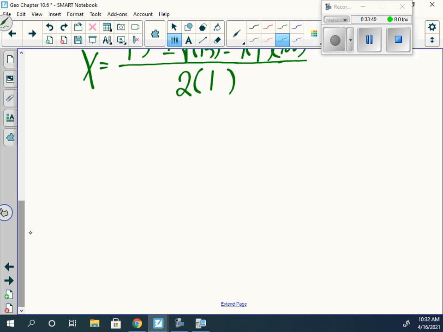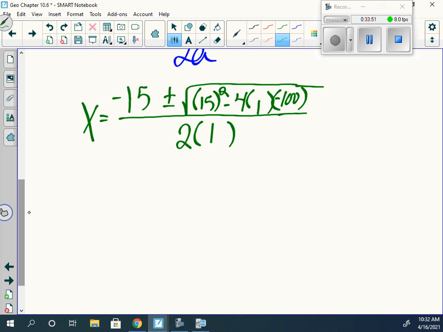Now at this point here, we're just going to start calculating things. So the first thing we can do is really everything with this square root, because all the ones that we'll do in here, you can type that whole thing in. Go on and type that into the calculator if you have it: the square root of 15 squared minus 4 times 1 times negative 100.